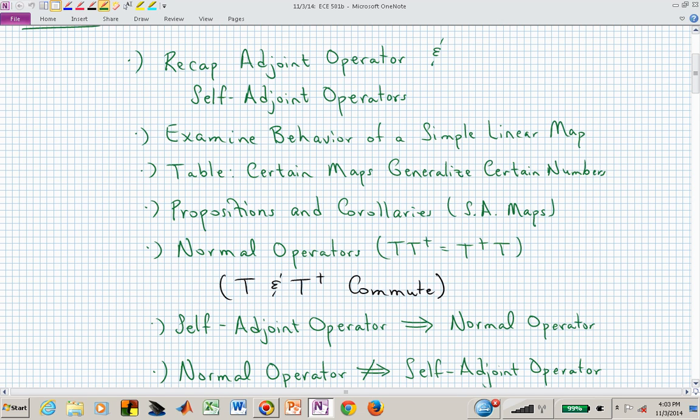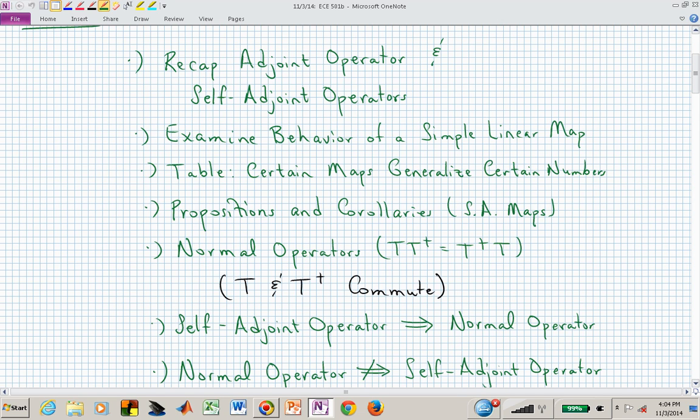That's a matrix, but if you put it into a matrix representation, you could think of it as a 1 by 1 matrix. That's about as simple of a linear map as you can get, but we'll see the implications of that, and that will allow us to generate a table that shows how certain maps generalize to certain numbers.